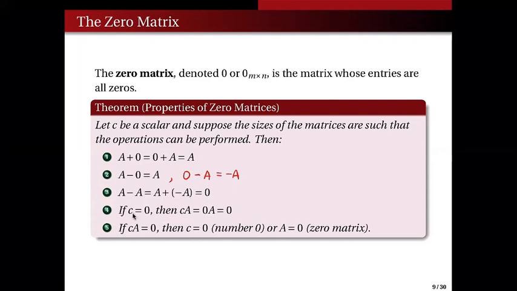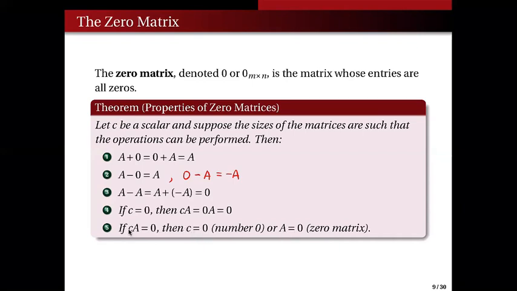Now, if you multiply the scalar 0, the real number 0, to any matrix A, you should get the zero matrix. Now look at this. Okay, if you have some scalar multiplied to a matrix and you got the zero matrix, then at least one of these is true.